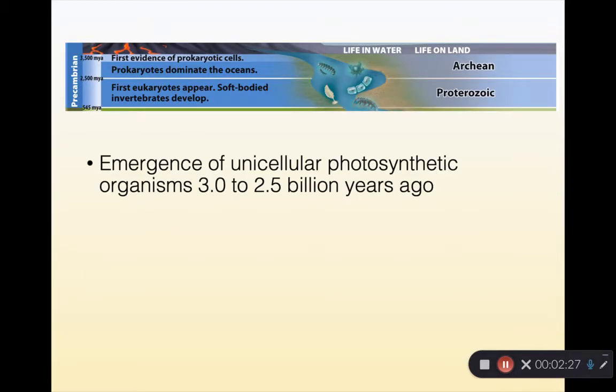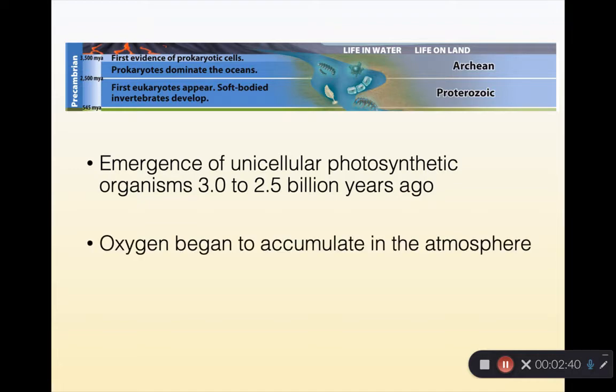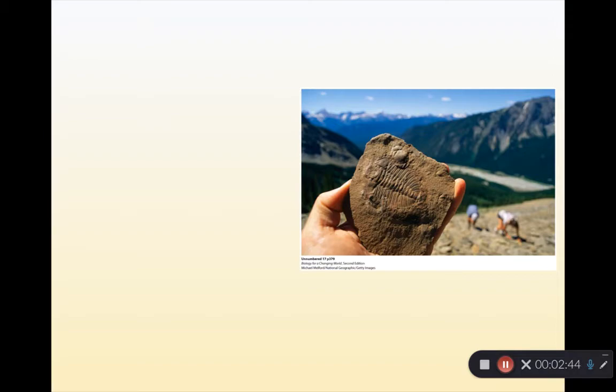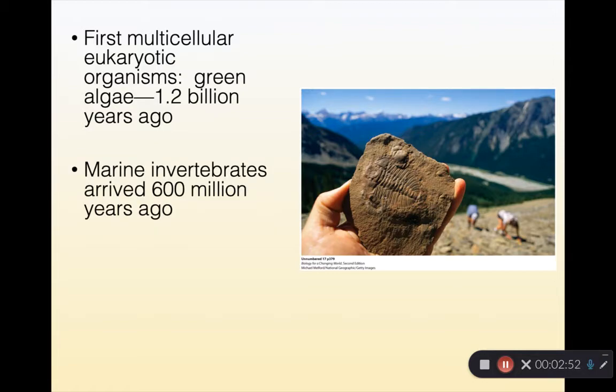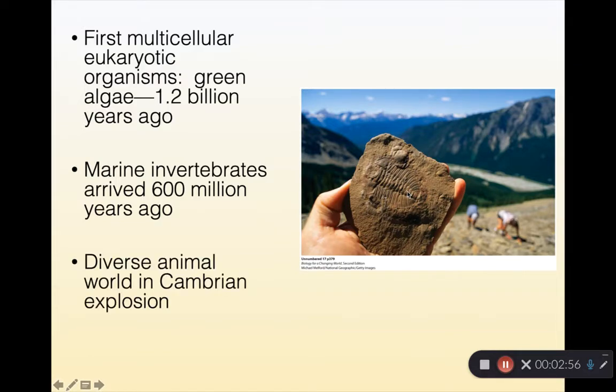And so again, this is where we're talking about the Archean and the Proterozoic eras. In that, we have the emergence of unicellular photosynthetic organisms. And then as oxygen began to accumulate in the atmosphere, we had our first multicellular eukaryotic organisms. So green algae, we had marine invertebrates, again, thinking about those trilobites.